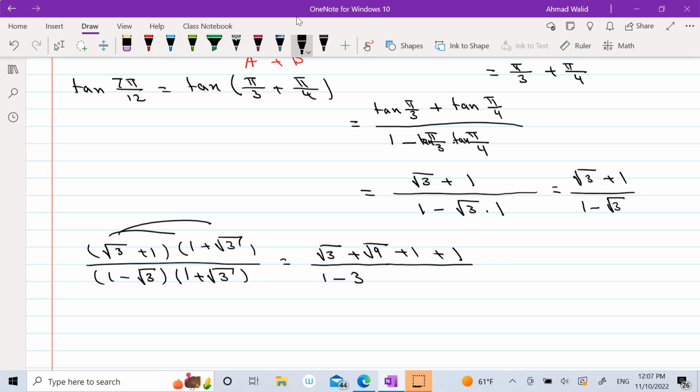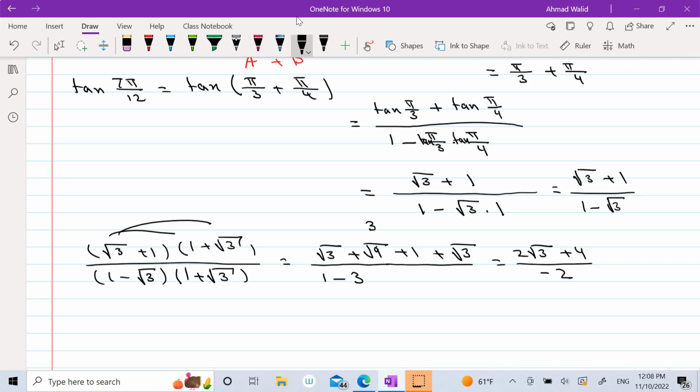And 1 times radical 3 gives you radical 3. Let's simplify. Radical 3 plus radical 3 gives you 2 radical 3. The square root of 9 is 3. 3 plus 1 gives you 4. All over 1 minus 3, which gives you negative 2.